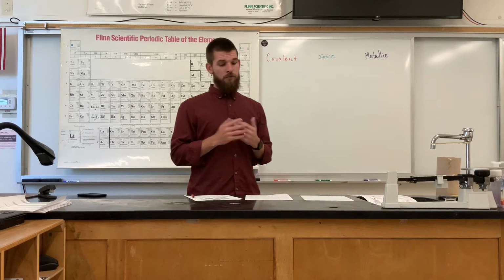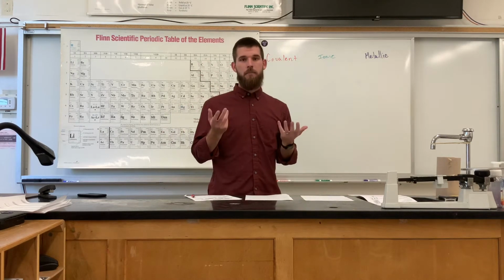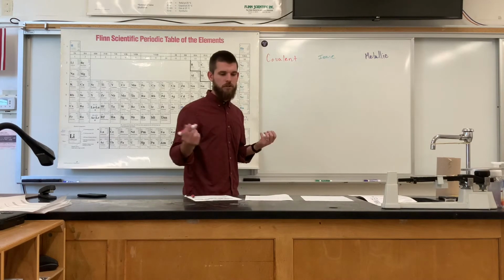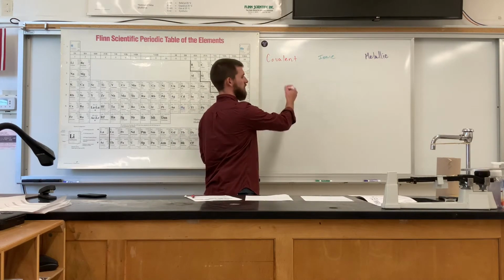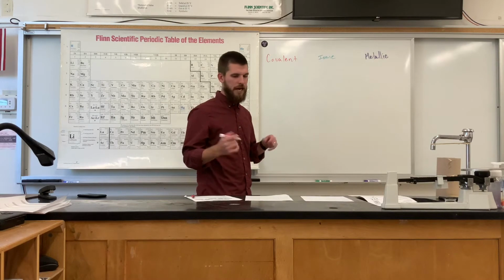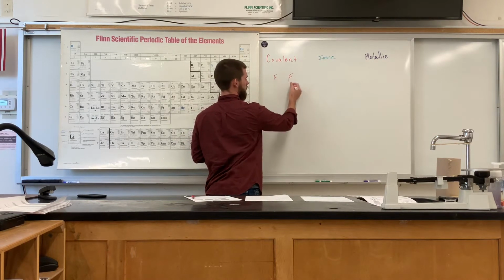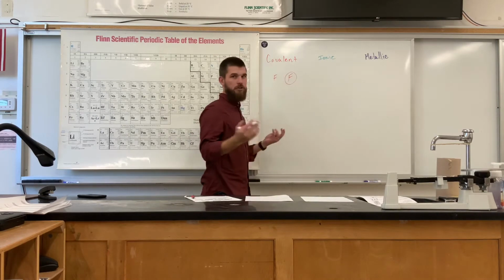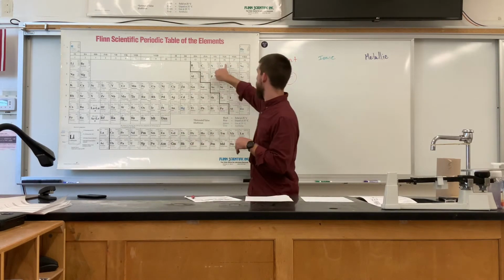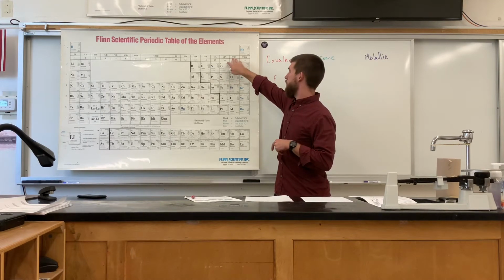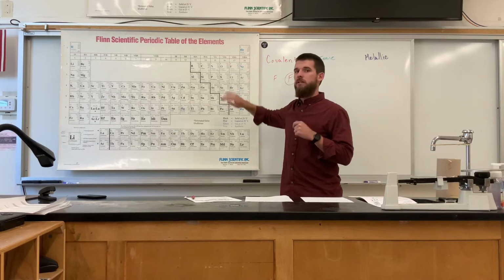First, we can diagram these bond types differently. If I were to draw an electron dot diagram for something like fluorine gas, we have two fluorines, and they each, if you look at the periodic table, have 9 total electrons, and they're in column 17, so they're going to have 7 valence electrons.